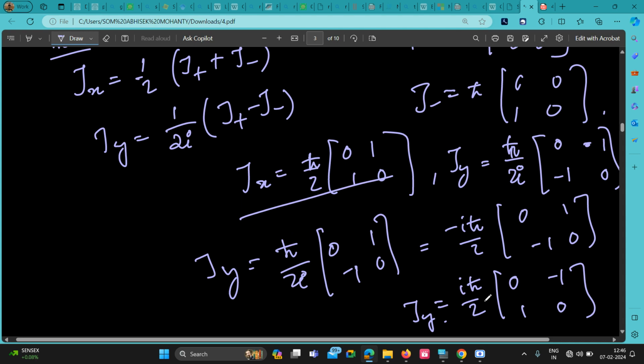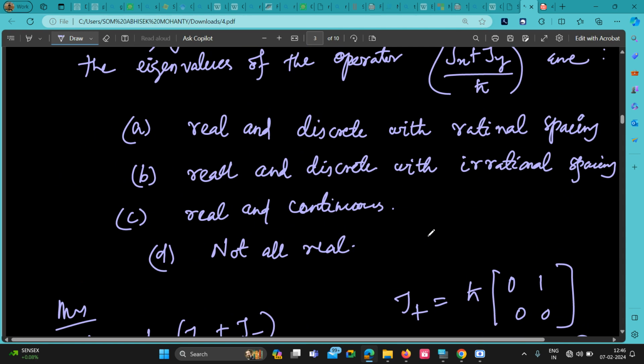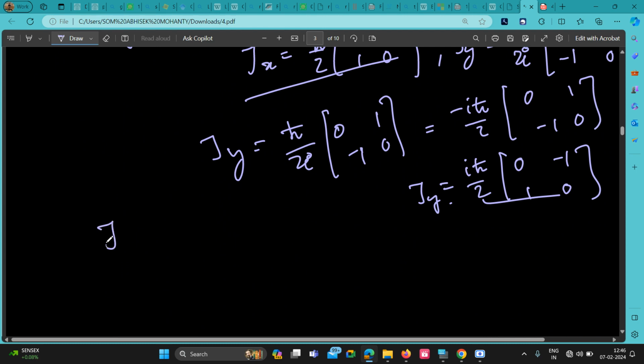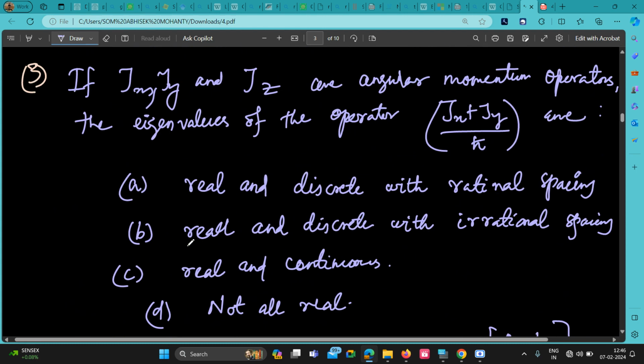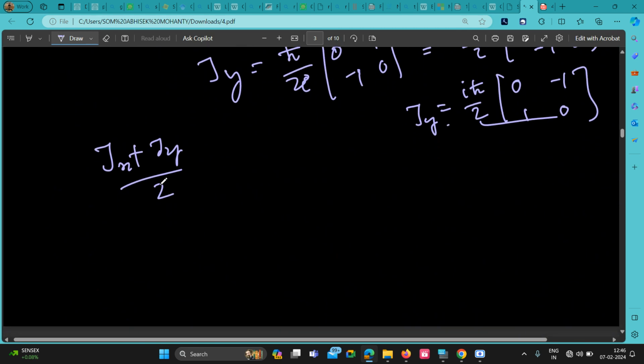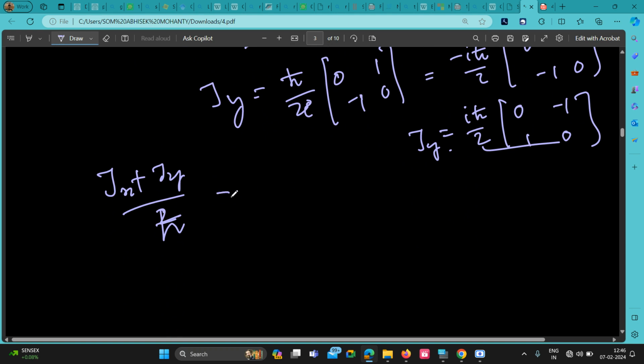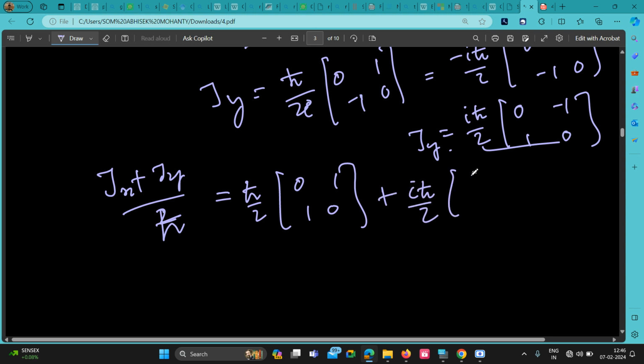This is your Jx, this is your Jy. What is the question? (Jx plus Jy) by h cross. Jx is h cross by 2 times 0 1, 1 0, plus Jy, i h cross by 2 times 0 minus 1, 1 0, whole divided by h cross.